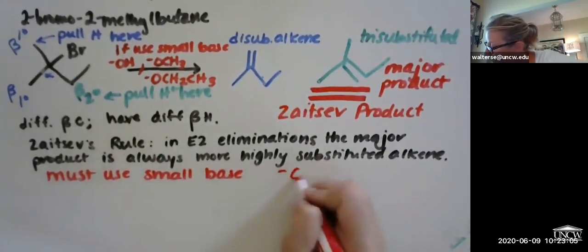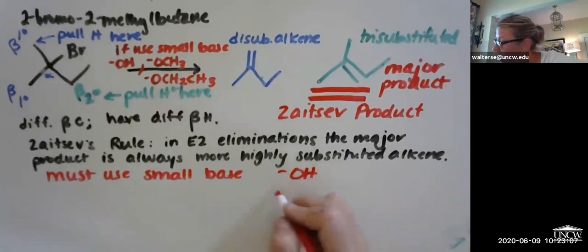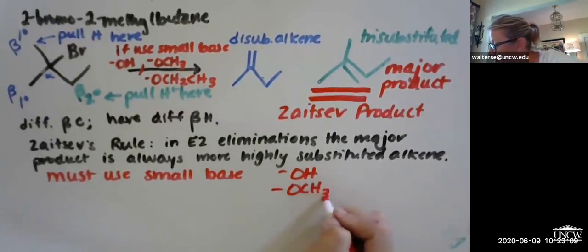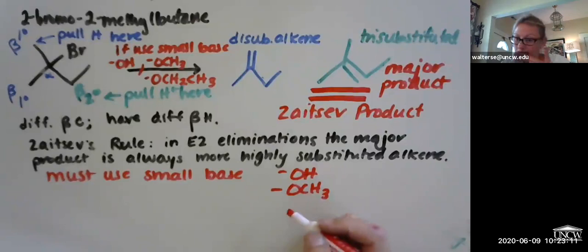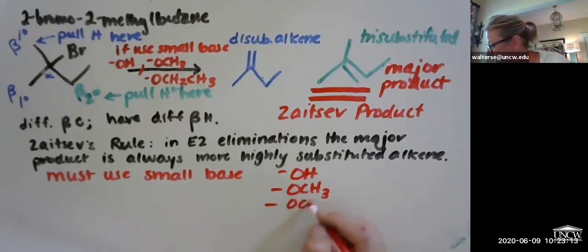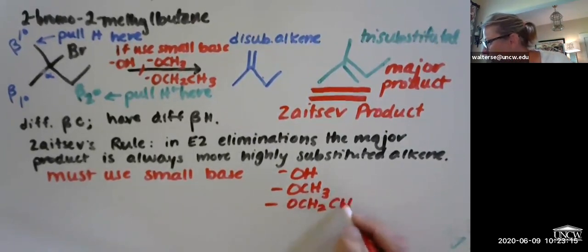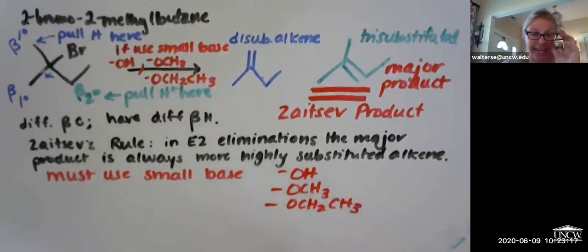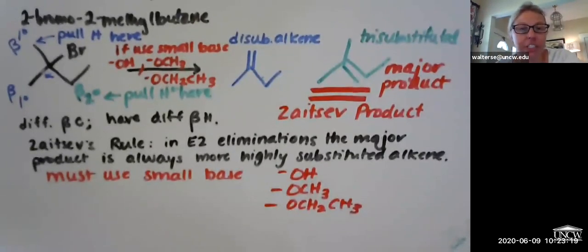Okay, and like I said, hydroxide, methoxide is considered small, and ethoxide. I'm hoping by now you're seeing that negatively charged oxygen species are really, really good bases. Are there questions about Zaitsev's rule?